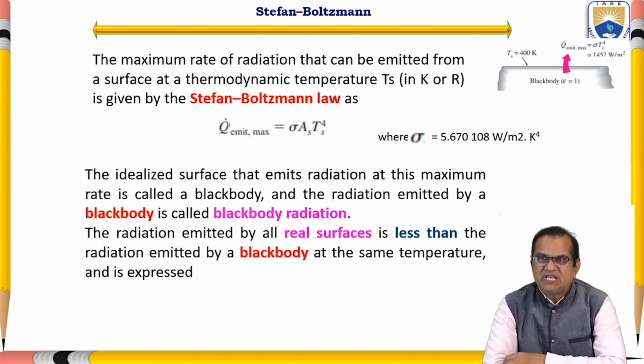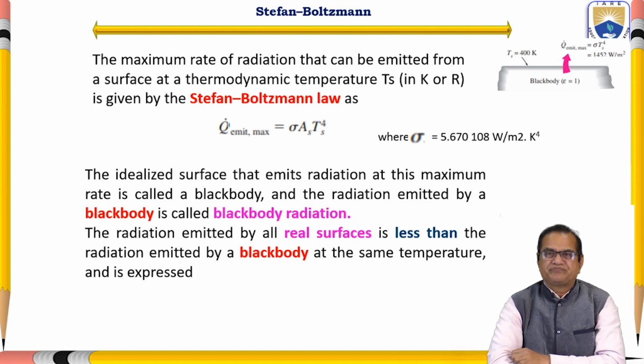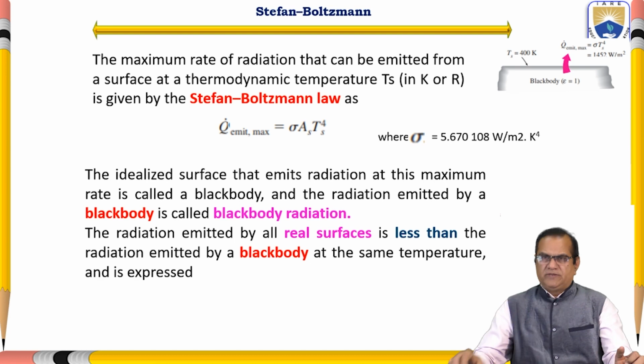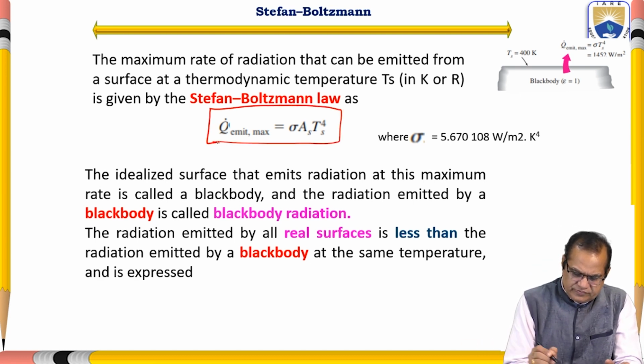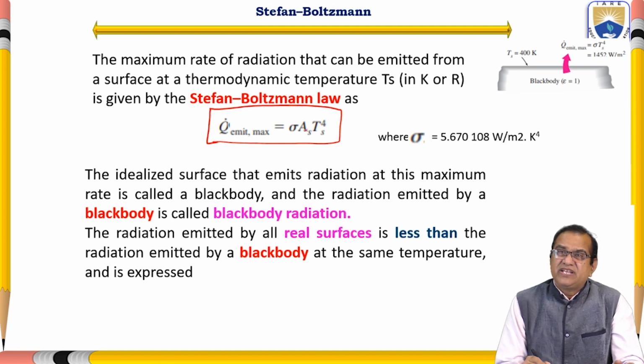The radiation emitted by all real surfaces is less than the radiation emitted by a black body at the same temperature. This is the radiation emitted by the black body, and this is the maximum radiation.